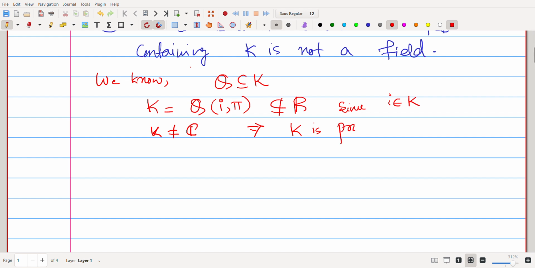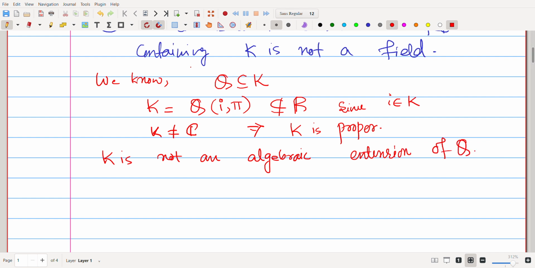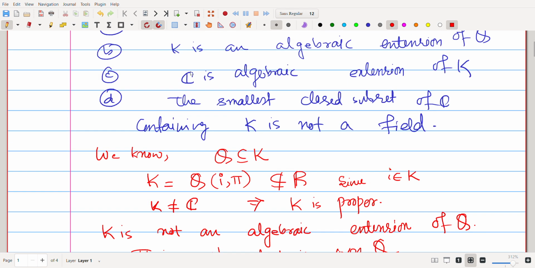And K is not an algebraic extension of Q. Why? Because pi is not algebraic over Q, pi is a transcendental number. That's why the second option is wrong.